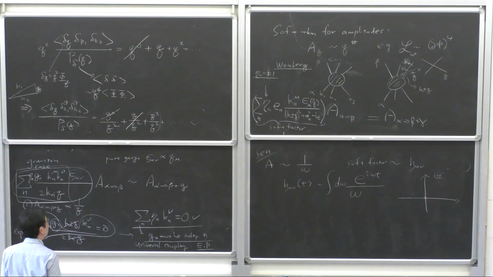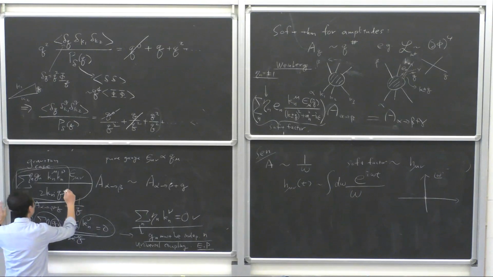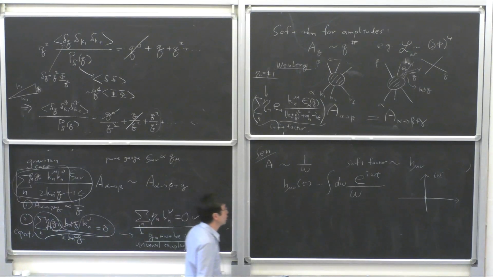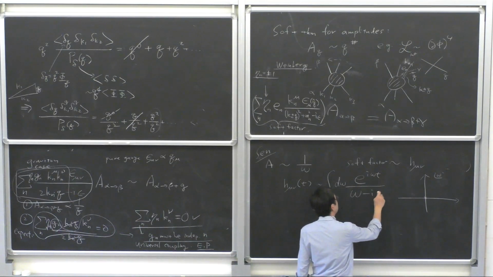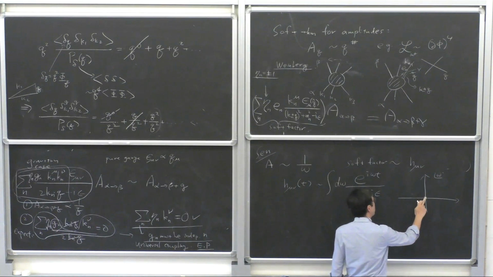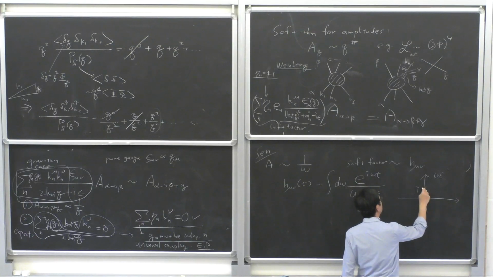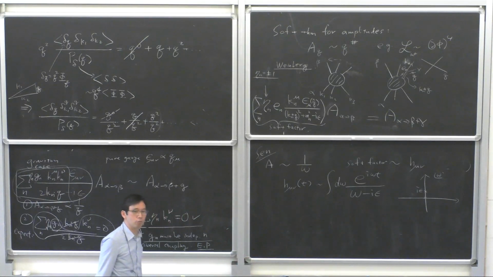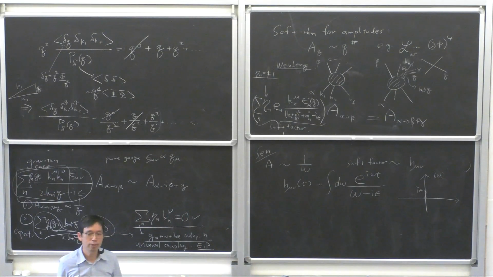How do you integrate around that pole? Well, fortunately, if you look at Weinberg's theorem, there is a minus i epsilon there. So let's do the minus i epsilon here. Now your pole is not on the real axis, but actually here. This is the i epsilon. And if you do these calculations, do you know what it is? I think you probably have seen this before.